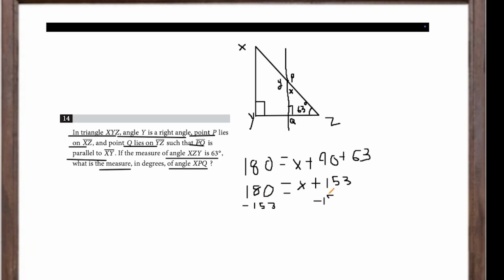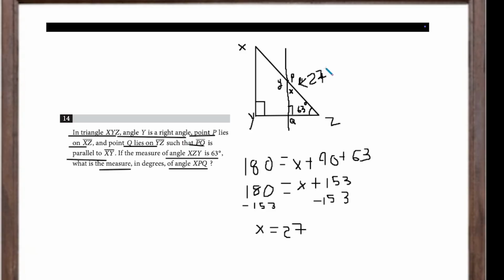So we have X is equal to 27. So we know our angle QPZ is equal to 27 degrees.